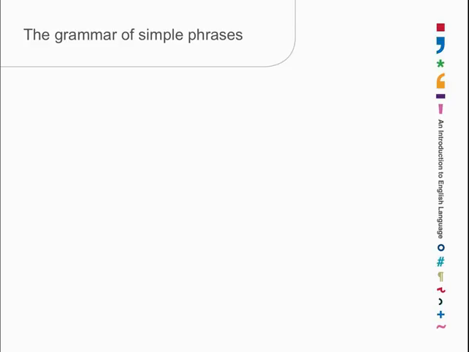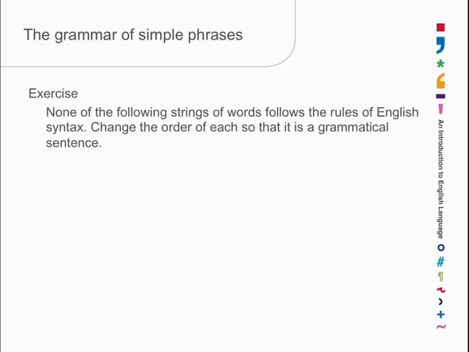Well, sentences are the biggest thing we're going to study, and we're going to have a look at the structure of sentences and particularly at the order of words in a sentence, namely grammar. And we're going to suppose that sentences consist of phrases, and we're going to begin by looking at the grammar of simple phrases. Let's go back to something we did right at the beginning.